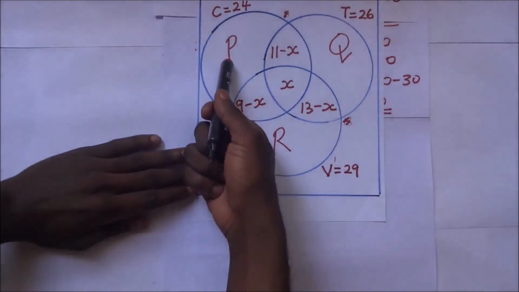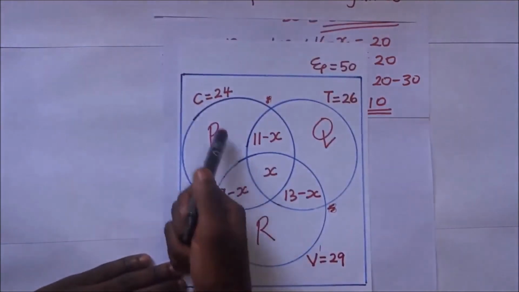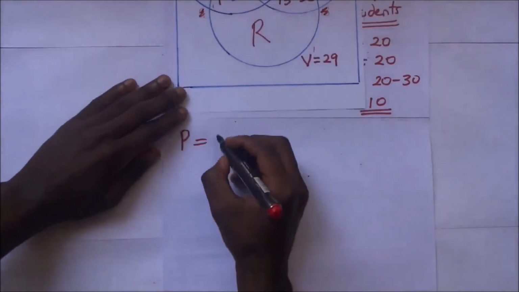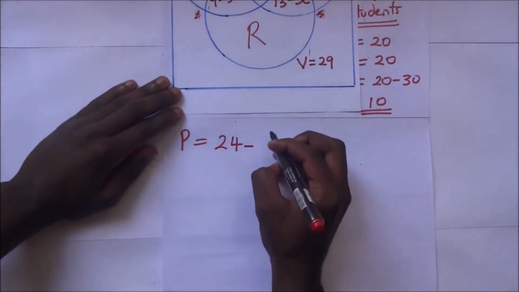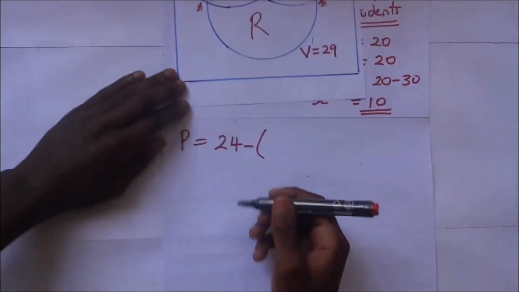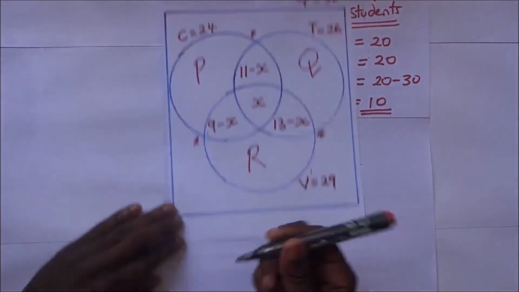So P is going to be 24 minus this plus that plus that. So it's 24 minus 11 minus x plus 9 minus x.